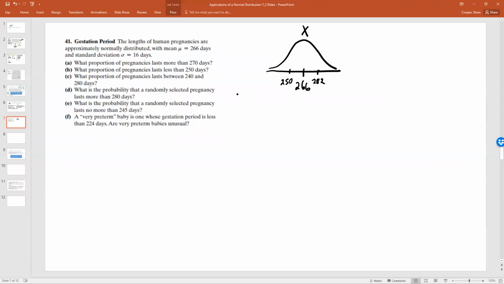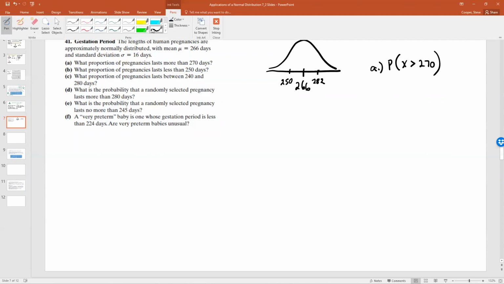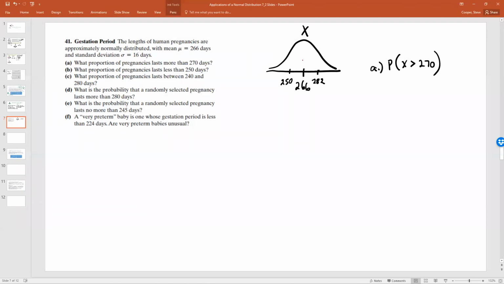Okay, so 1 standard deviation on either side. So for part A, we're asked for the probability, or what proportion of pregnancies last more than 270 days. So that's x is greater than 270. So there's 266, so 270 is somewhere about right here-ish.